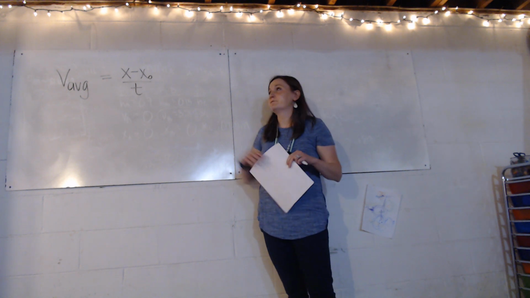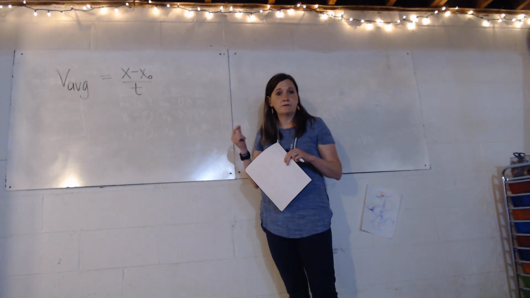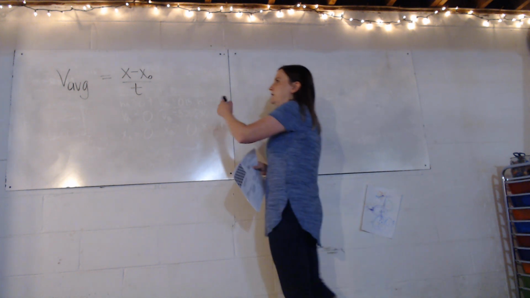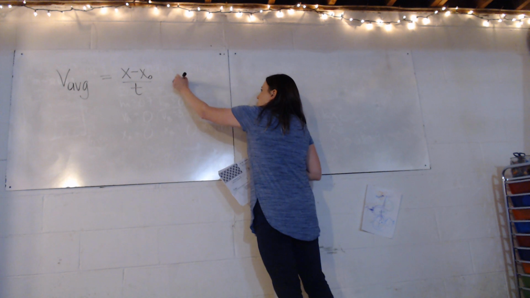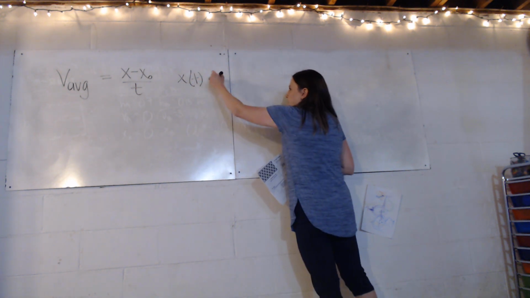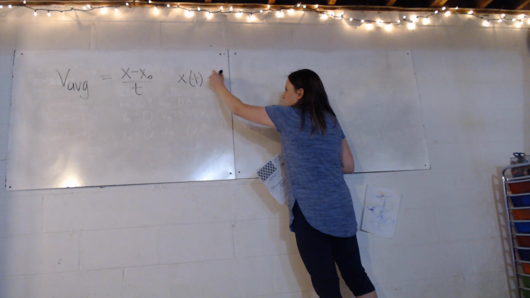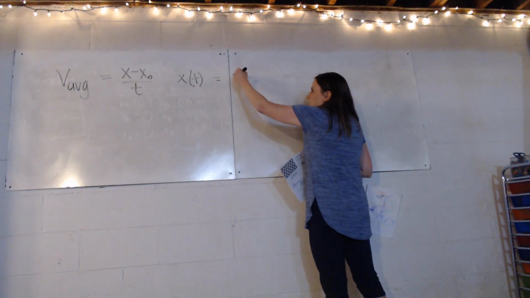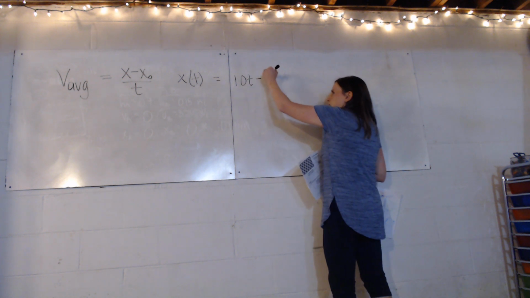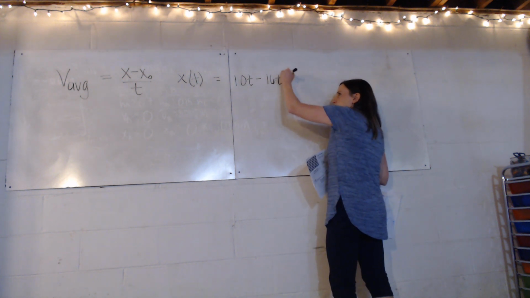Calculus would allow me to find the instantaneous velocity. So if I said, I know I have a function for how something's moving. So an object is moving with, let's just say, a certain position time function: 10t minus 16t squared.